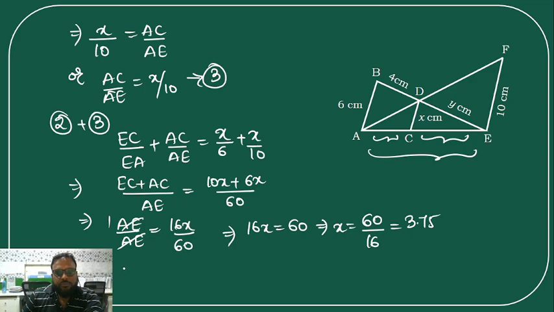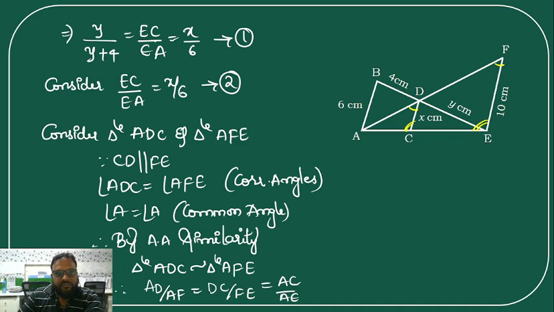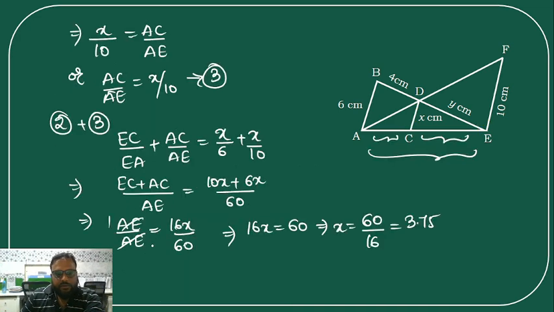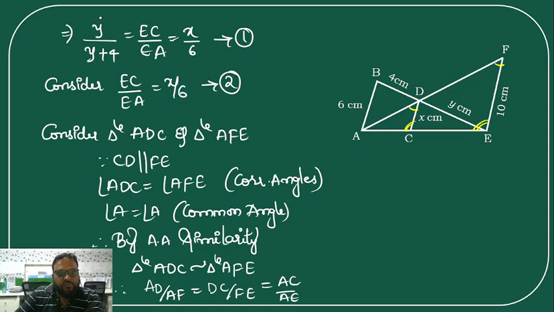This is the x value. Now we got the x value. Now we will consider our equation 1. From 1, I want the y value also. So I can write y by y plus 4 is equal to x by 6.